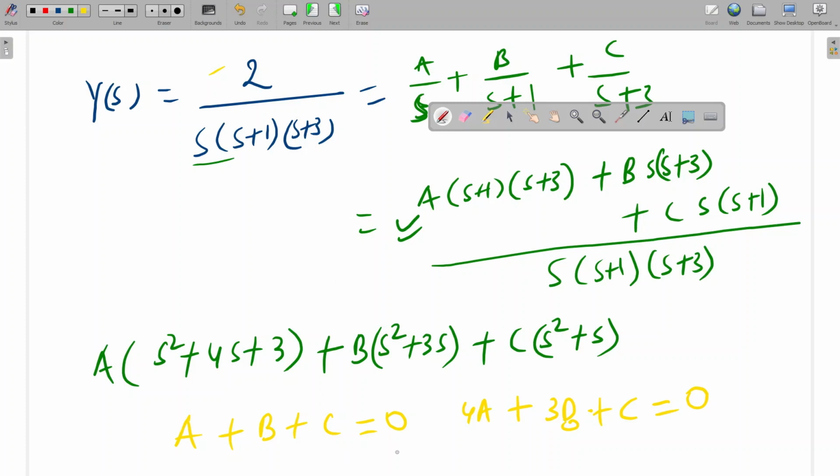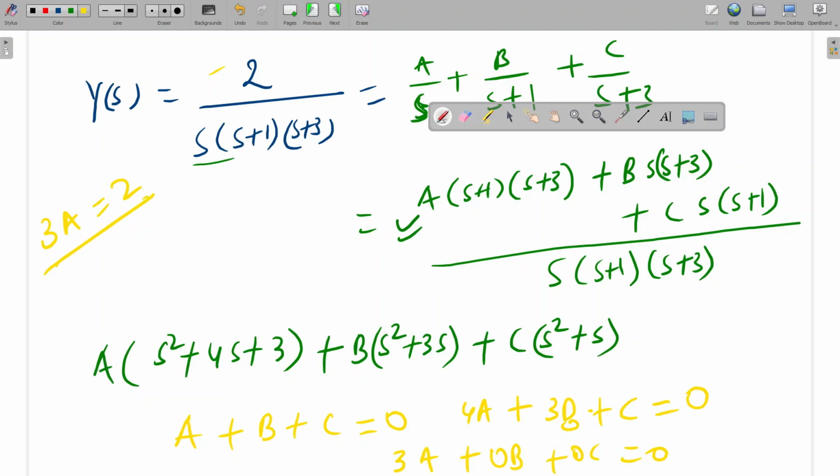The constant term is 3A plus 0B plus 0C, which equals 2. Do you think it is correct, or are we making some mistake? So 3A will be equal to 2, that constant value.